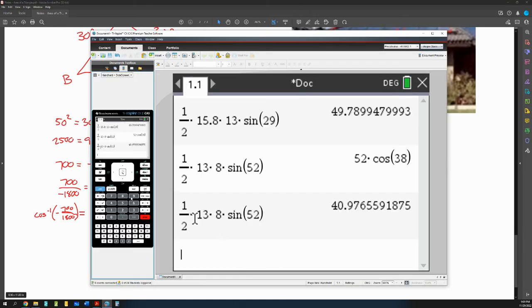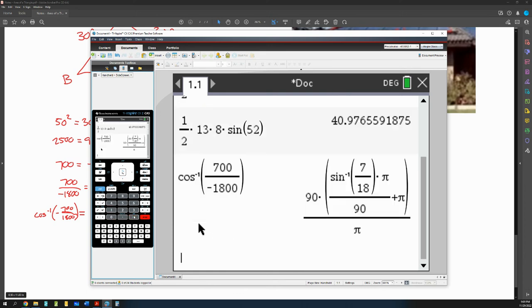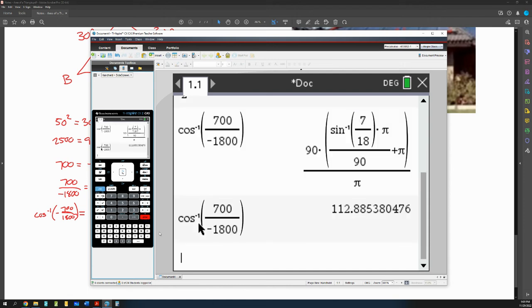So the inverse cosine, back to our calculator, inverse cosine of, Control Divide, 700 over negative 1,800. It gives us an exact answer, so let's hit Control Enter.